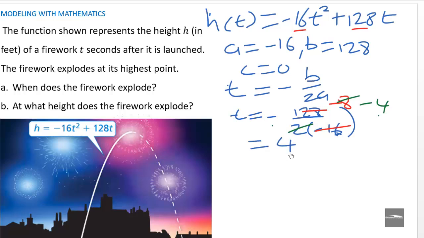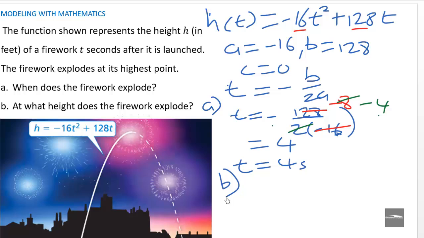Therefore, it takes the firework 4 seconds to explode. So when t equals 4 seconds, the firework explodes.